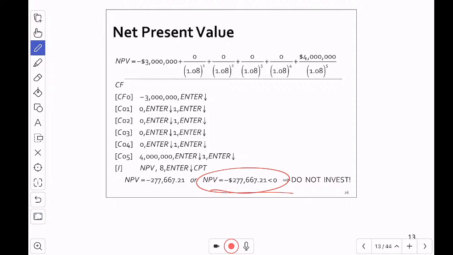So on this step here, you can do all those steps in one by saying 0, enter, down, and then 4, enter, down. And that will take care of those steps. Because there's 4 zeros, right? And then the 5th step with the 4 million, and then just repeat these steps. So that's a way to get the answer.